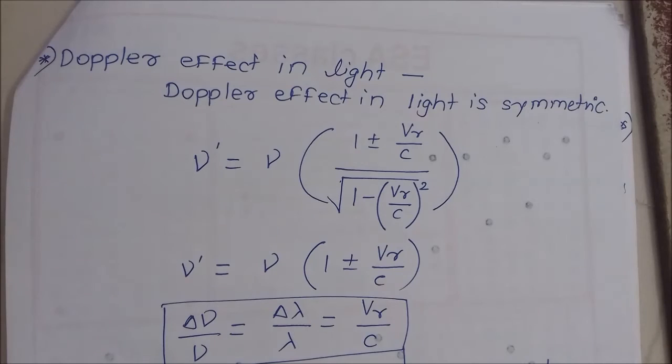The Doppler effect of light is symmetric, whereas the Doppler effect of sound is not symmetric. For sound, frequency is different if the source is moving, and frequency is different if the observer is moving.